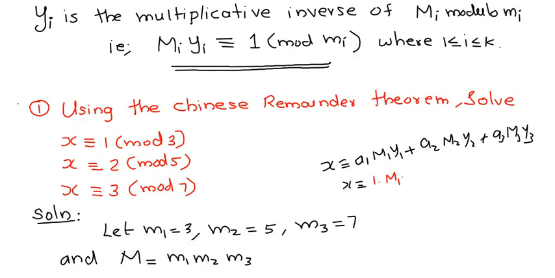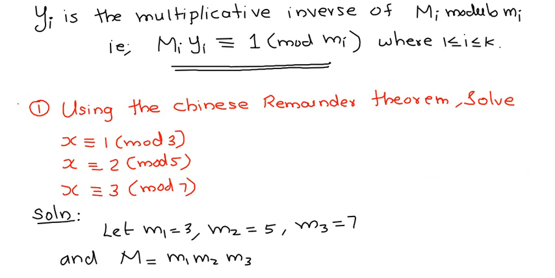So 1 into 35 into y1 plus 2 into 21 into y2 plus 3 into 15 into y3. Next we want to find y1, y2 and y3. How to find them? y1, y2 and y3 are the multiplicative inverses of capital M1, M2, M3 modulo small m1, m2, m3 respectively.